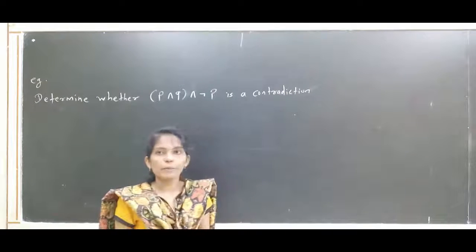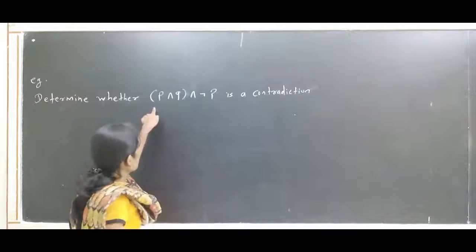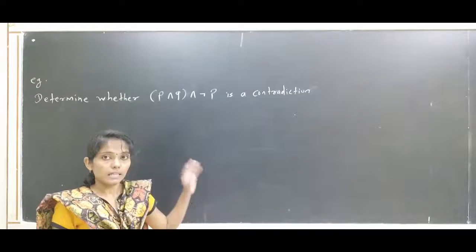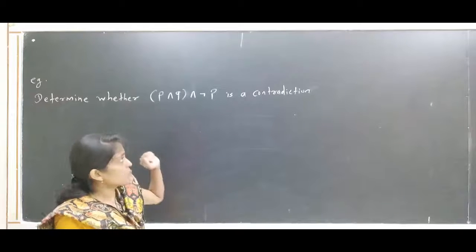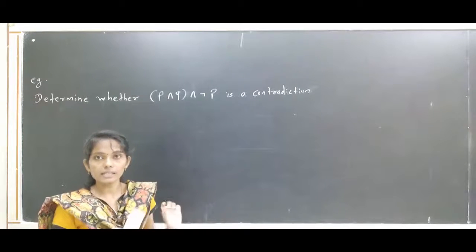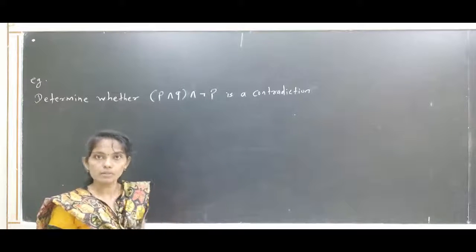So here the compound proposition is given, P and Q and negation P, and we want to check whether this compound proposition is a contradiction or not. Contradiction, that is, its truth value is always false.